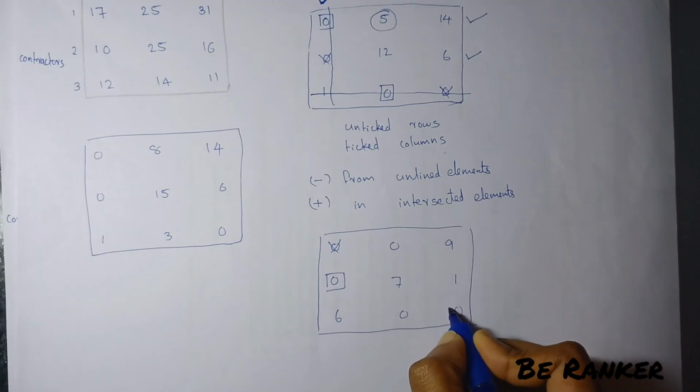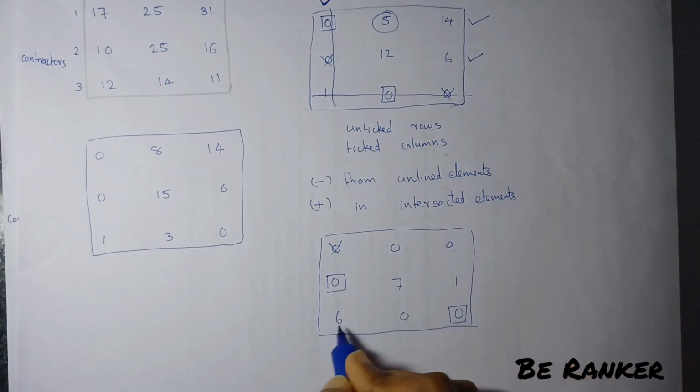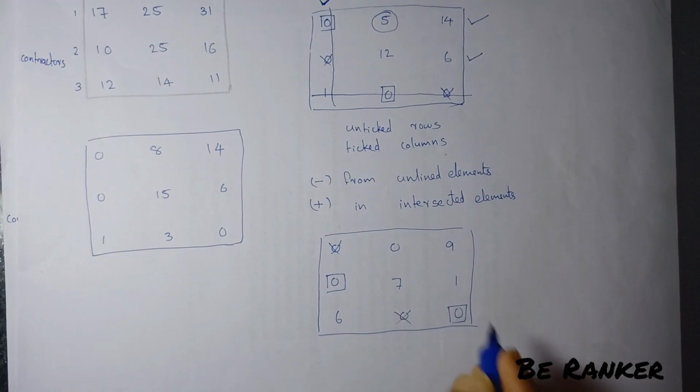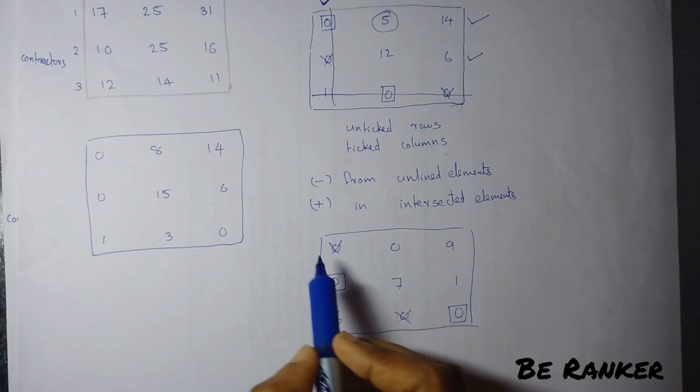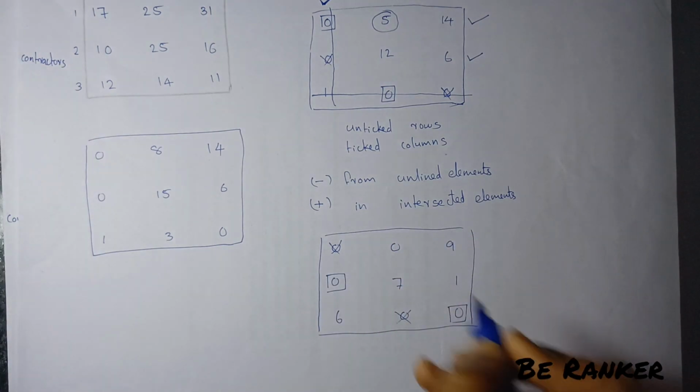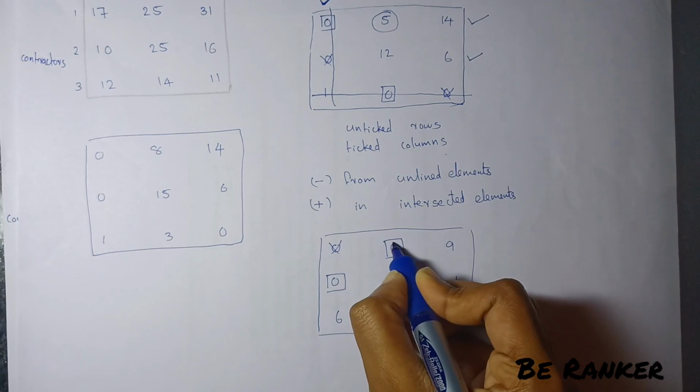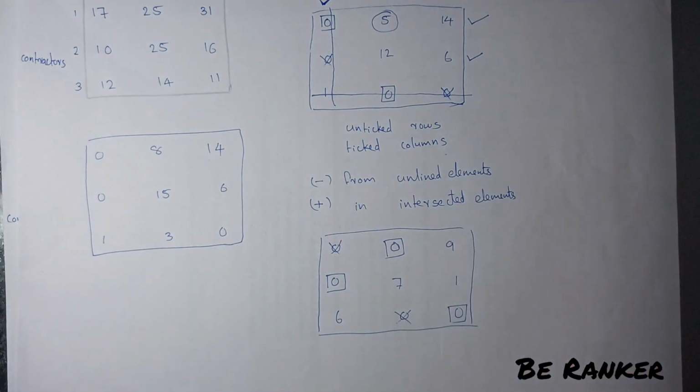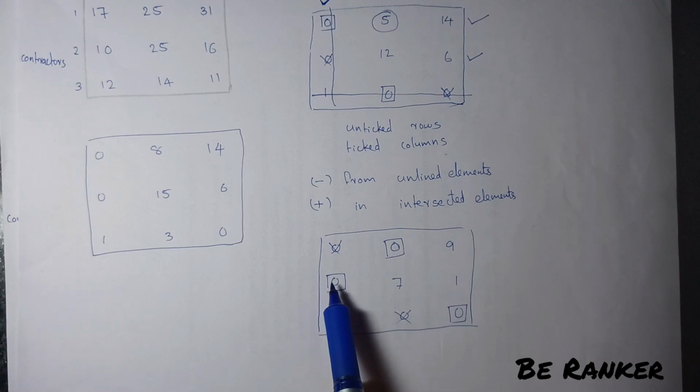In the third column there is 1 zero, so I assign the 0 and cancel the zeros in the row. Then I repeat this step once more. In the first row there is 1 more zero, so I assign this 0 and cancel. There are no more zeros to cancel. Now each row and each column has 1 assigned 0, so we can stop here.